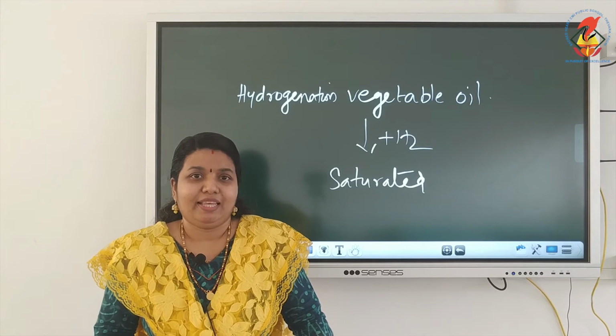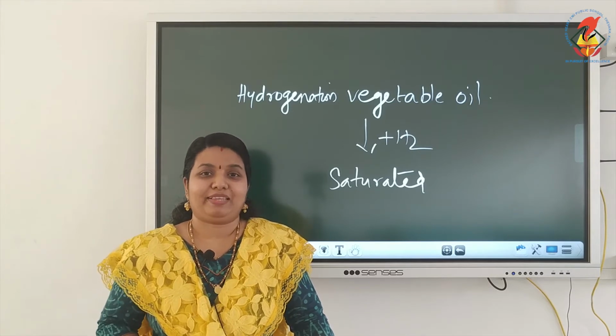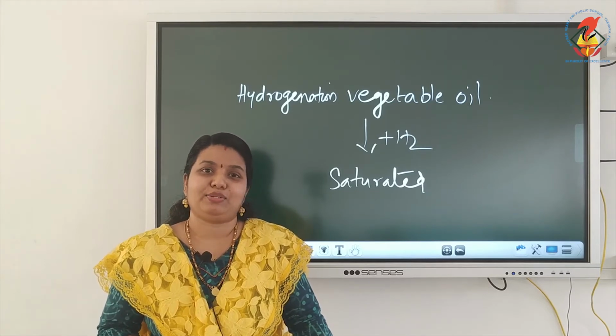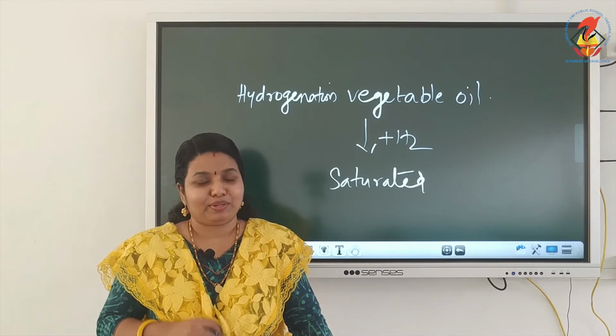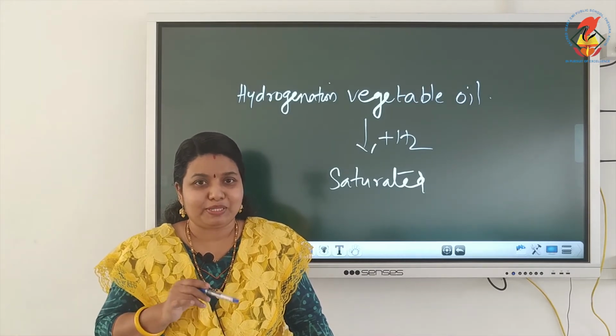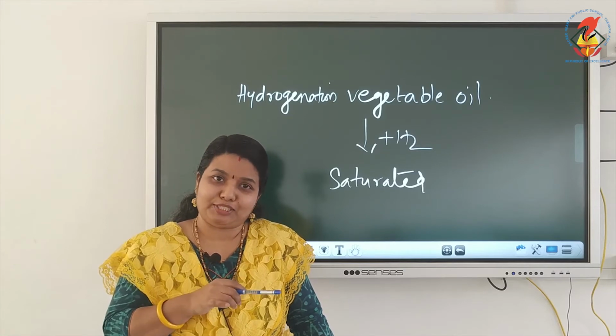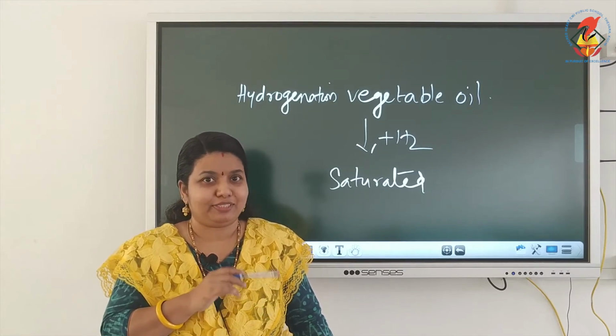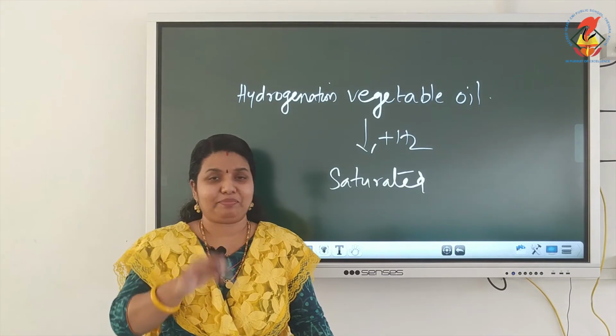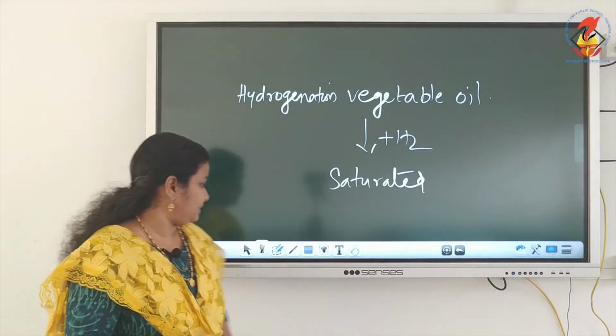Dalda is such an example. So, this is the application, hydrogenation of vegetable oils using a nickel catalyst. This is done in the presence of a nickel catalyst.